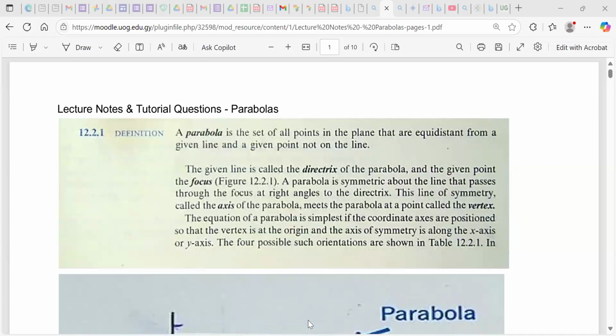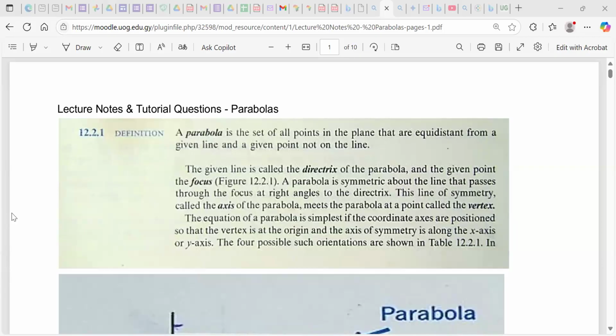Make it a little bigger. So I guess you can see this, right?